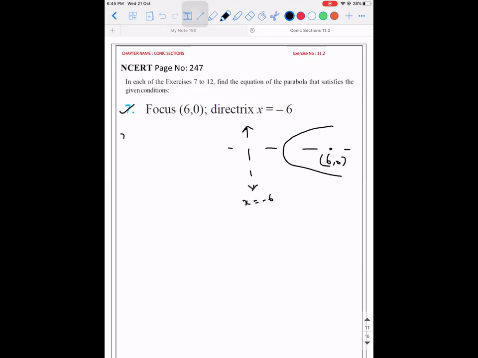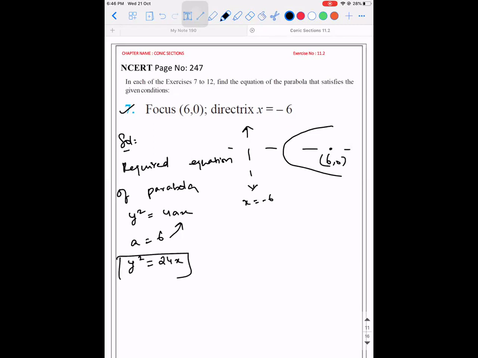This is the directrix. Solution: the required equation of parabola is what? y square is equal to 4ax. What is the value of a, guys? a is 6. Take this and substitute here. y square will be equal to 24x.